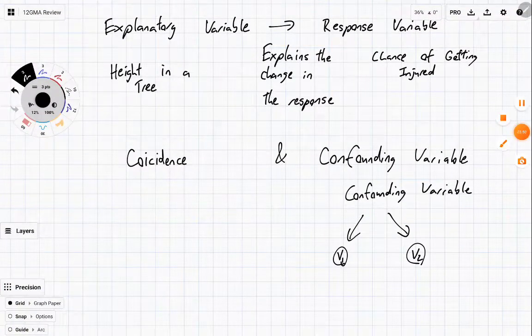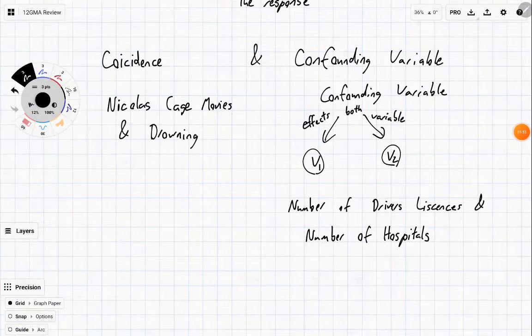A classic example for confounding variables is the number of driver's licenses and the number of hospitals in a town. The number of hospitals doesn't affect the number of driver's licenses. The real answer is that there's a third variable that we're not talking about. If both of these are increasing, or following each other in some way, it's probably to do with the population of the town.